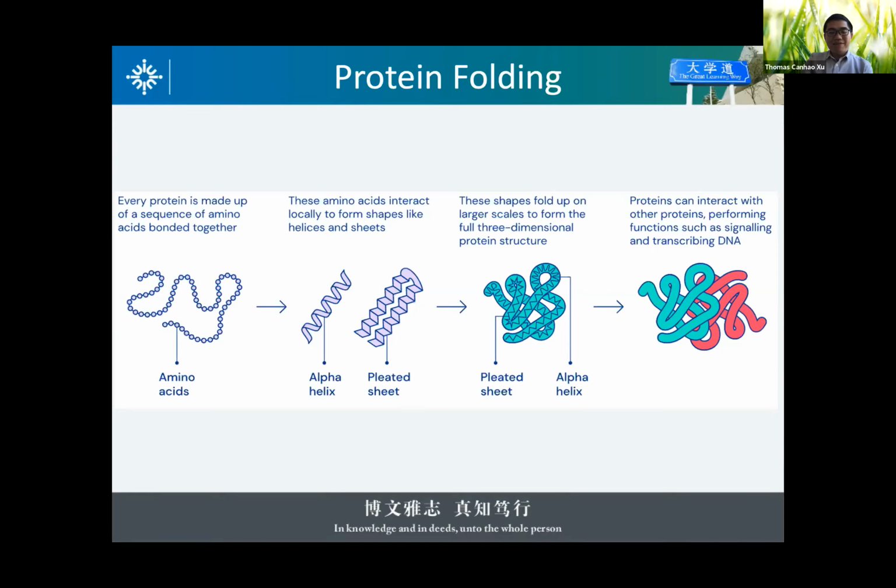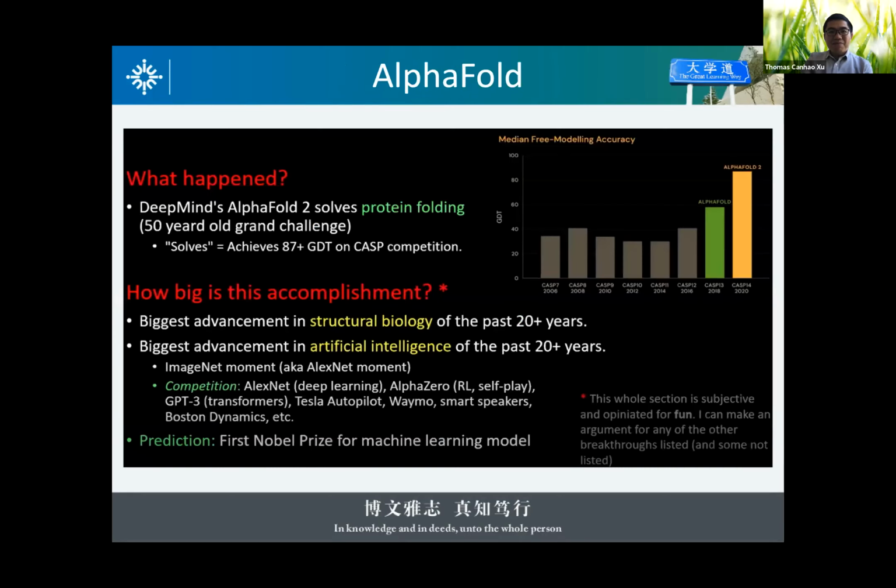This is a very tricky problem, and in fact, there's no good way of predicting this kind of protein structure. Recently they have proposed AlphaFold. With the second generation of AlphaFold, they can achieve nearly 90% accuracy.